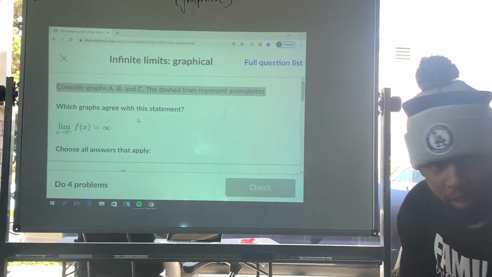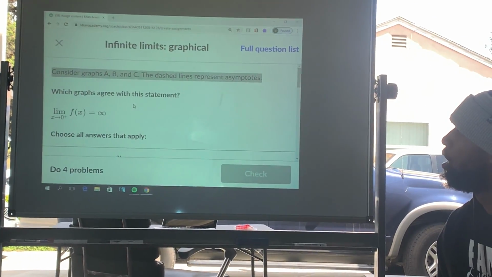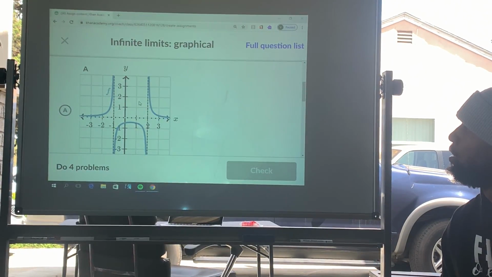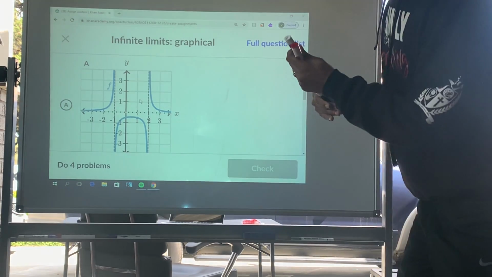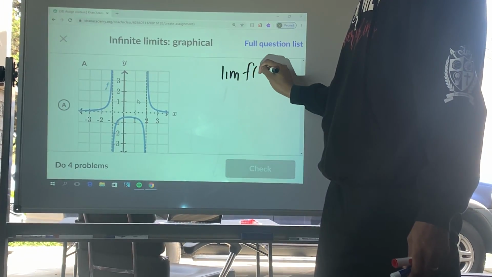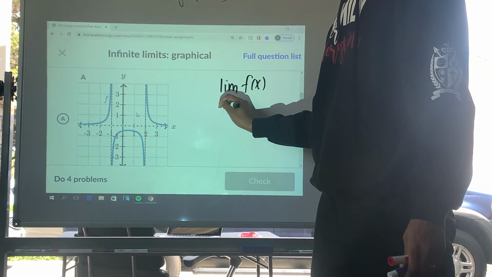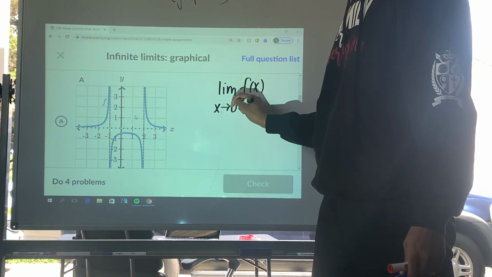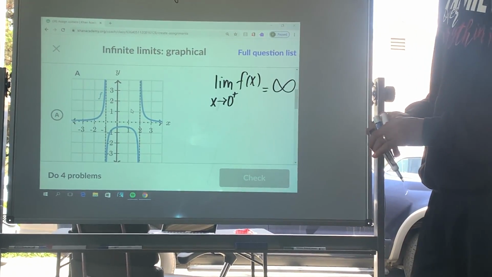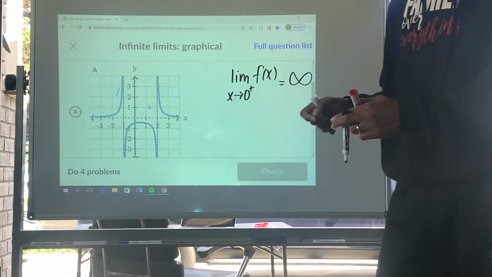Let's check the first one out, A. I'm gonna rewrite it right here so we can look at it the whole time. The limit of f of x as x approaches 0 from the right is equal to positive infinity. Okay, so here's my graph.